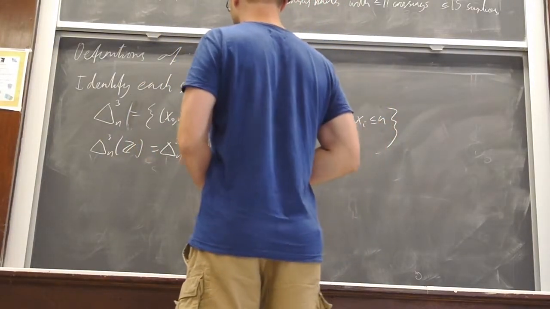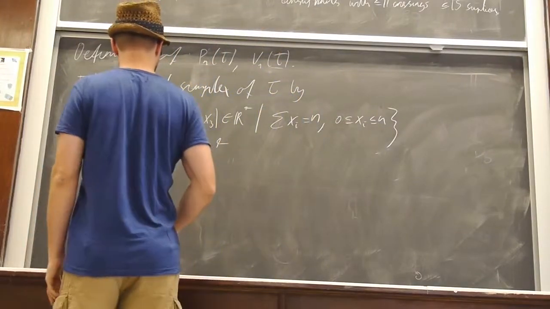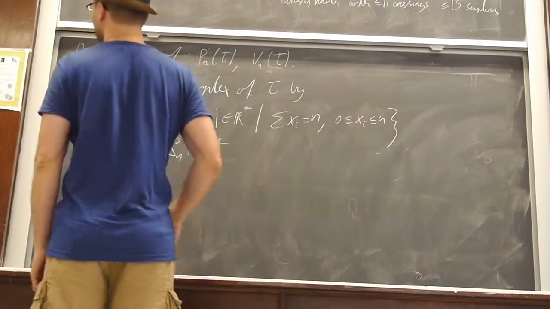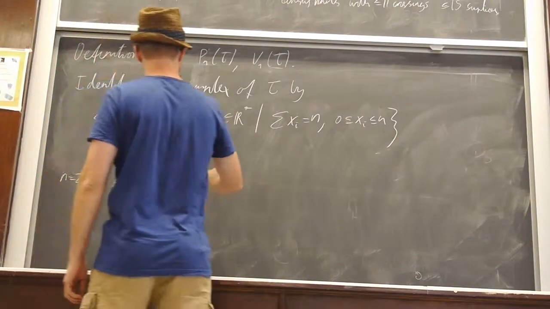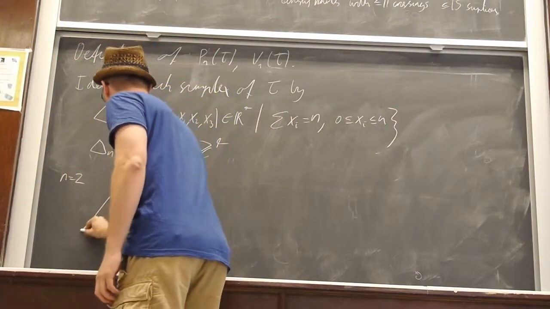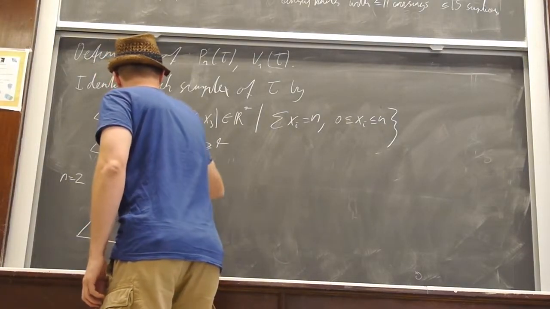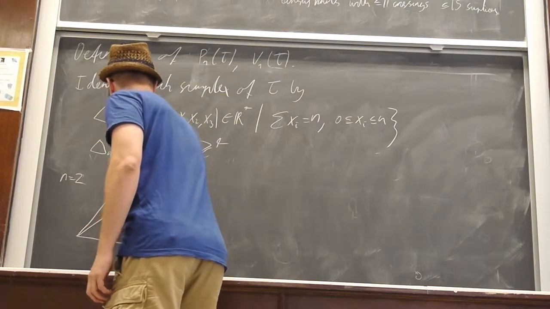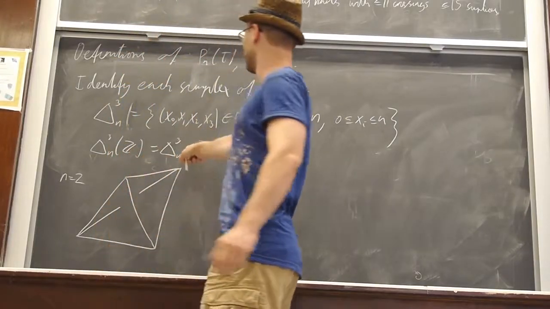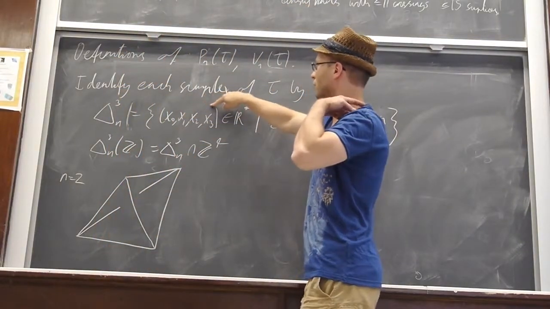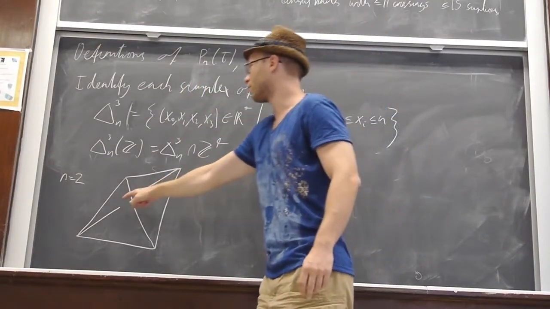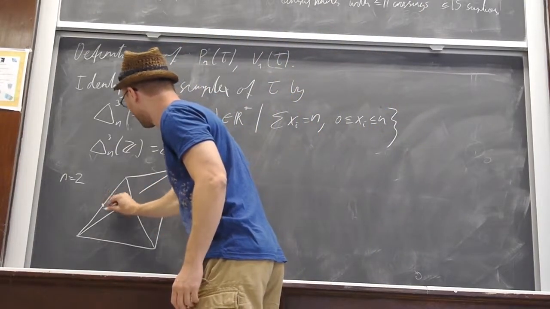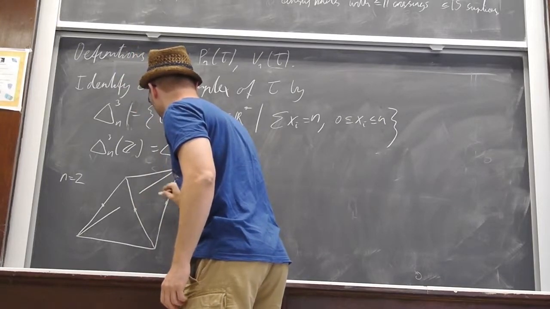All right. So let me just draw it in some cases so we can see. So for n equals 2, this gadget here will be, so there are 6 of these. This is the points here where the sum is 2. So 2 of them have to be 1. So there are 6, and these are in one-to-one correspondence with edges. So these are really just the 6 points here.